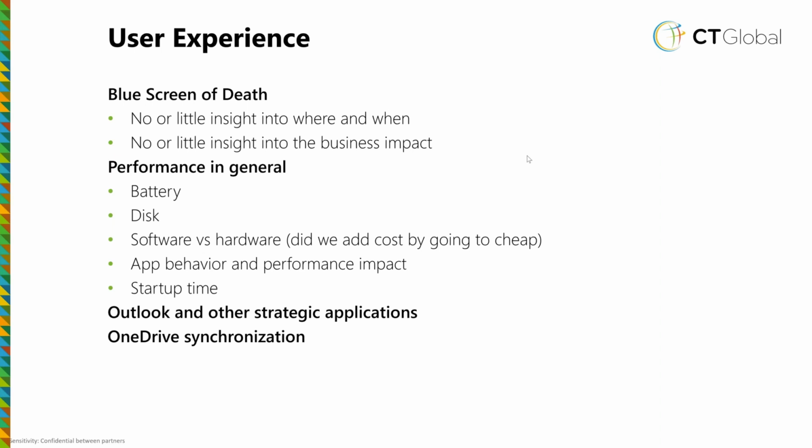When we do a storytelling performance in general, you will very rarely hear an end user say, I think I have a disk error on my device, or I think that my battery is not good enough. Stuff like that just doesn't happen.